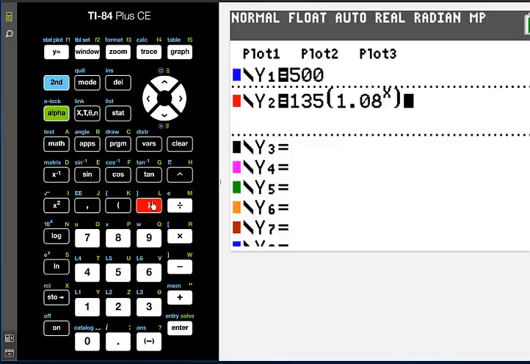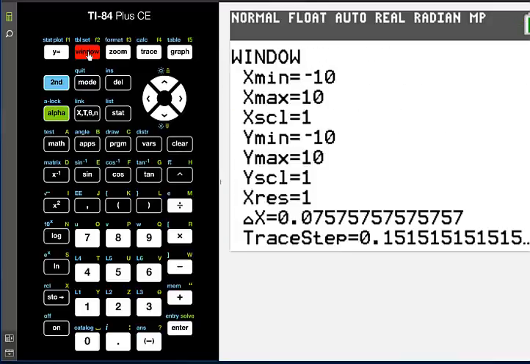Well, now I need a window. I could try Zoom Standard, but I don't think that's going to be a very good picture. After all, I have numbers in here like 135 and 500. So I'm thinking that I better go to the window and do some thinking about what I might want to see. Remember, X in this problem stands for years since 2010.